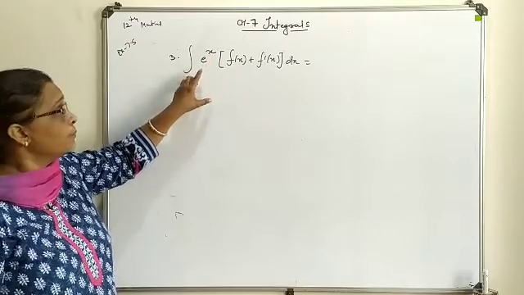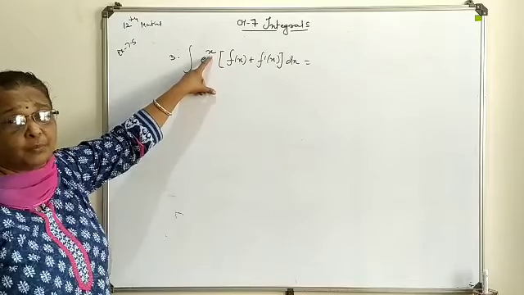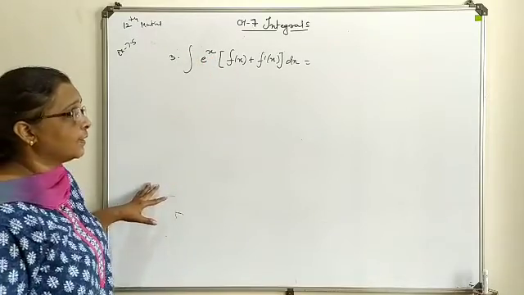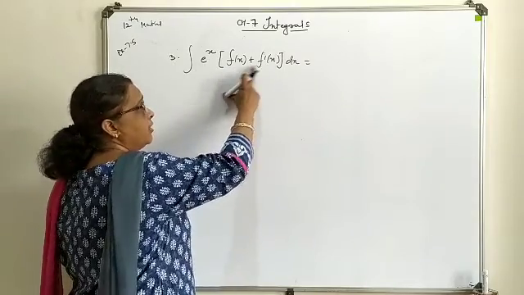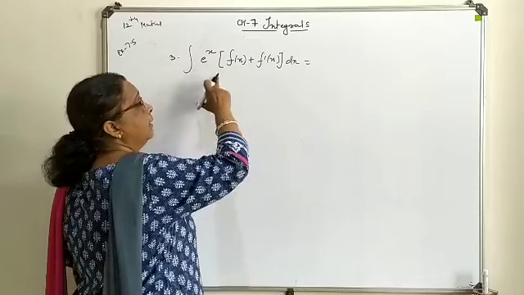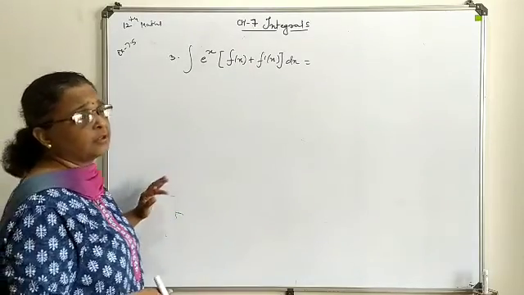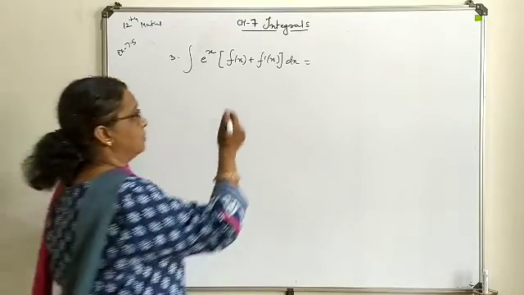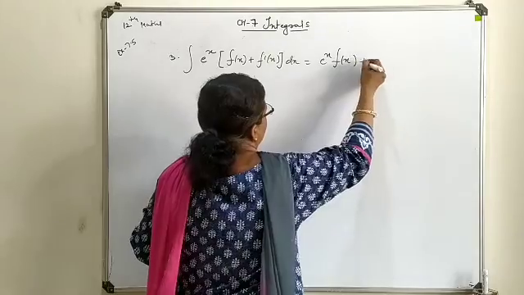So the basic thing: the multiple of x should compulsorily be 1 with positive sign. Now the second thing is, as an additive form, the differentiation of this main function should be present there. Then its integration we can directly write, without any assumption or any theoretical concept, as e power x f(x) plus c.